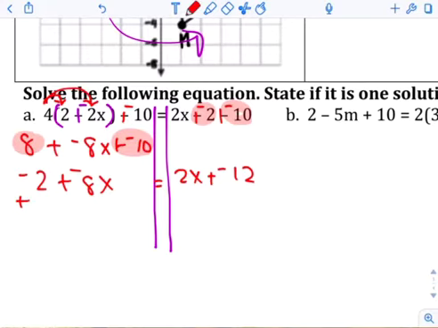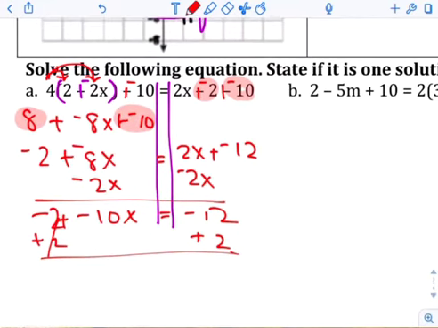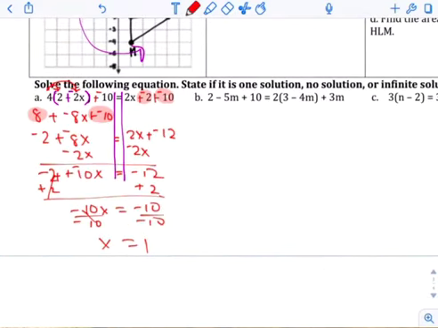You add minus 2x minus 2x, you get negative 10x right there. Negative 2 equals negative 12. Add 2, we get additive inverse. That's a negative 10x equals negative 10. Divide by negative 10. X then equals 1. This is one solution.